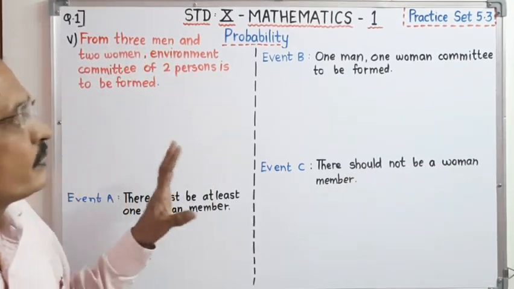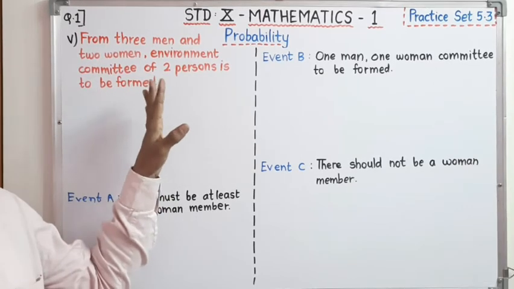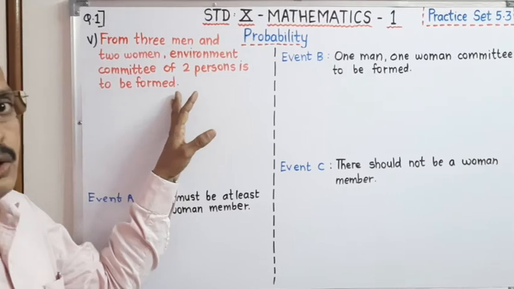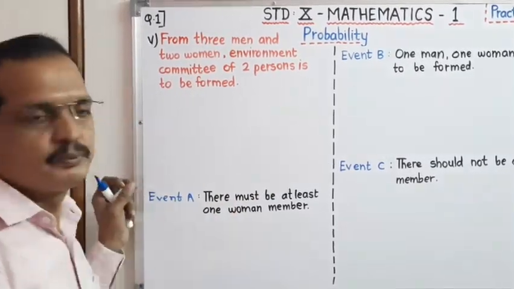Therefore, dear students, see, first of all we have to write the sample space. I have told you about this in the previous lecture, when men and women are there, how to write the sample space.